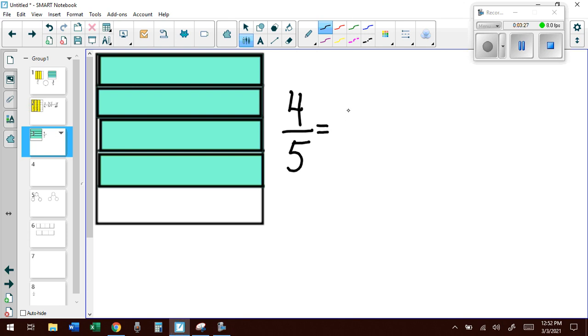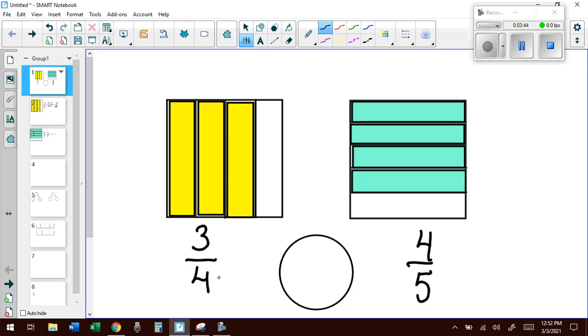So here I have my 4/5, and I want to find a fraction equivalent to 4/5 where my denominator is both a multiple of 4 and a multiple of 5. Now that trick that I had mentioned, where if you're finding common denominators, multiplying one denominator by the other is a good way.